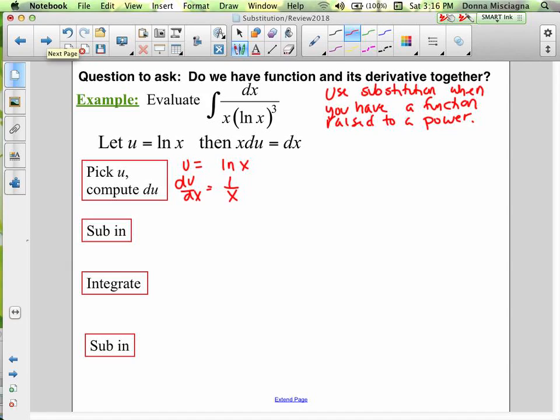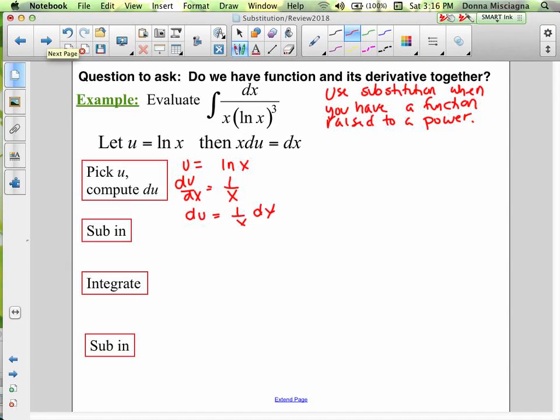And then we would move the dx to the other side, so we have du equals 1 over x dx.